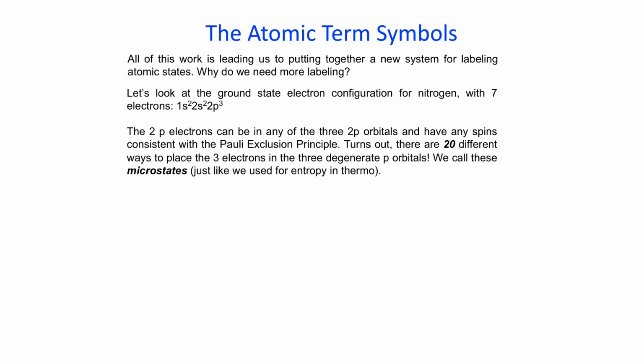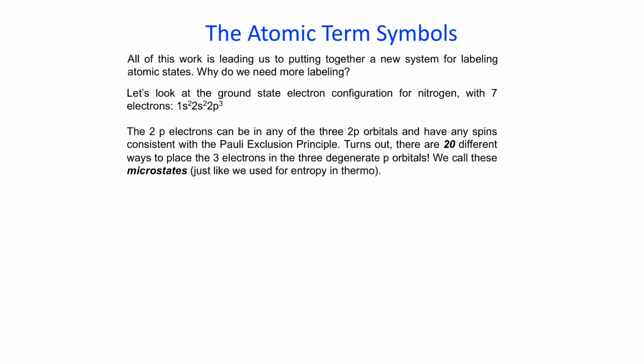Just like we did in our example at the start of this video, we can put those 2p electrons in the orbitals. Here we've got 3 p electrons in those 2p orbitals, not a full subshell. Remember, we've got room for 6 total electrons in those 2p orbitals, 2 per orbital.